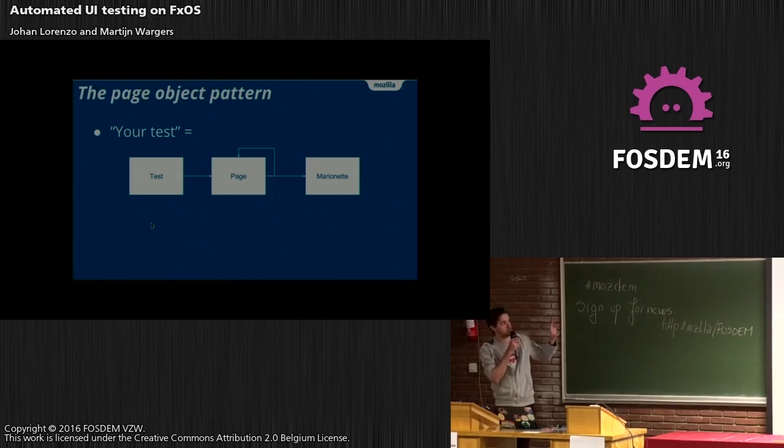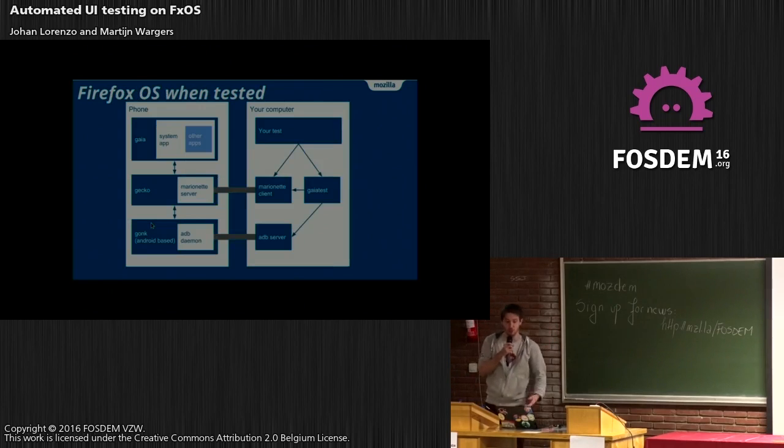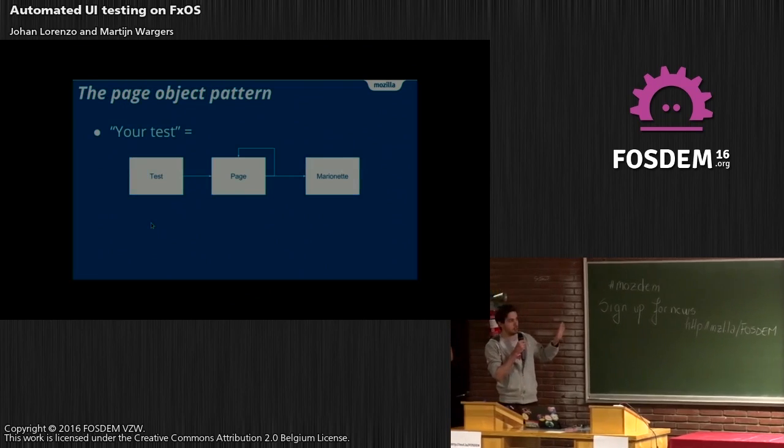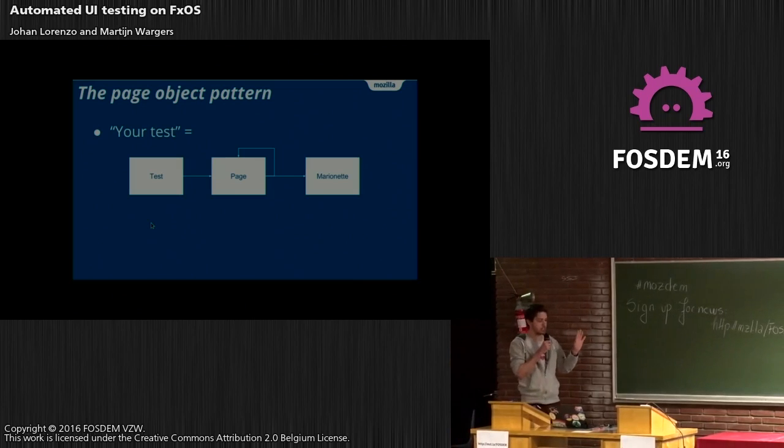We're just going to explain a bit more what is hidden behind this box called Your Test. As people familiar with Selenium, we started with the page object pattern. This pattern is about abstracting what you see on the UI.